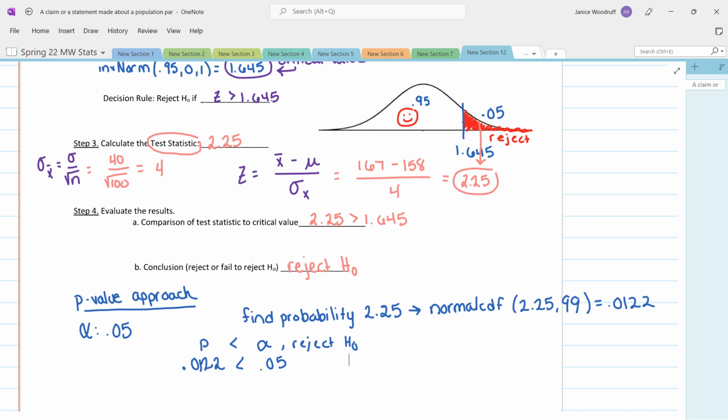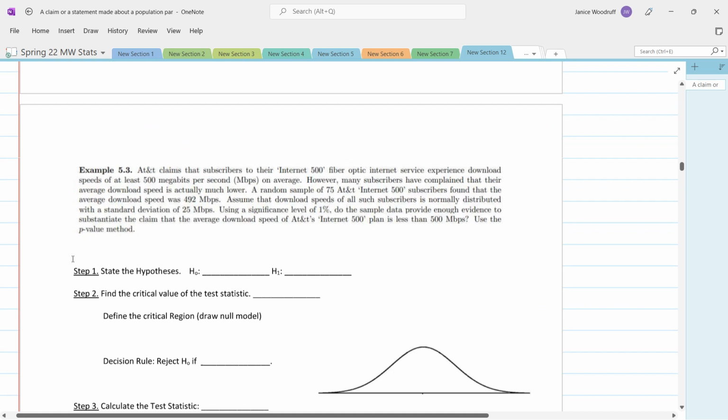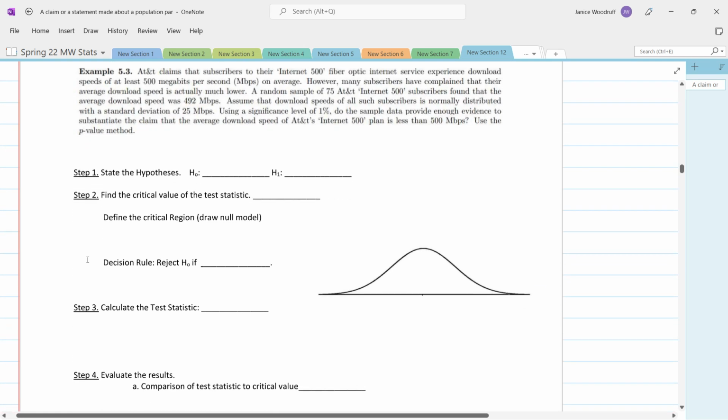Okay, let's do another example. All right, AT&T claims that subscribers to their Internet 500 fiber optic internet service experience download speeds of at least 500 megabits per second. At least 500 megabits per second, so that's going to be that null, but we'll get to that.